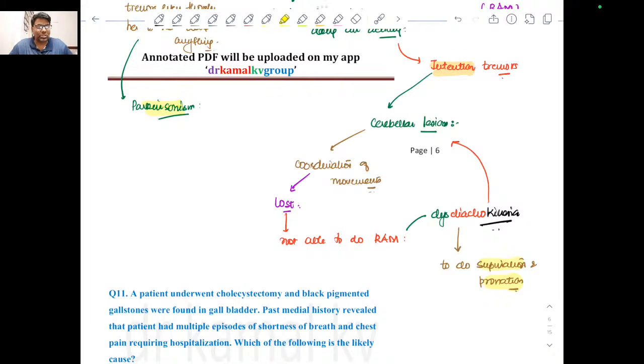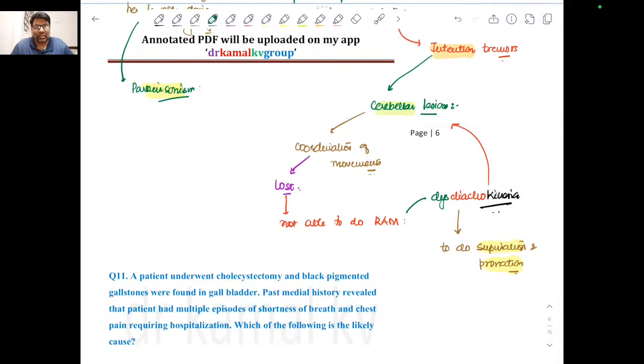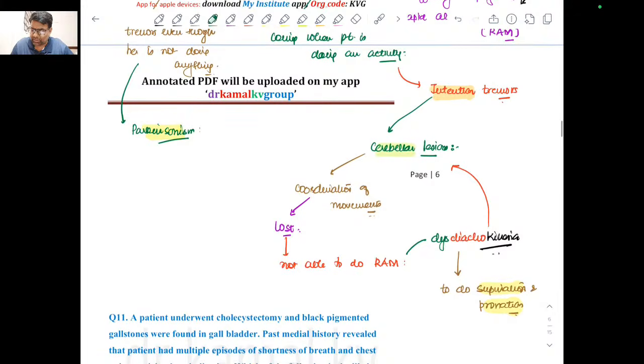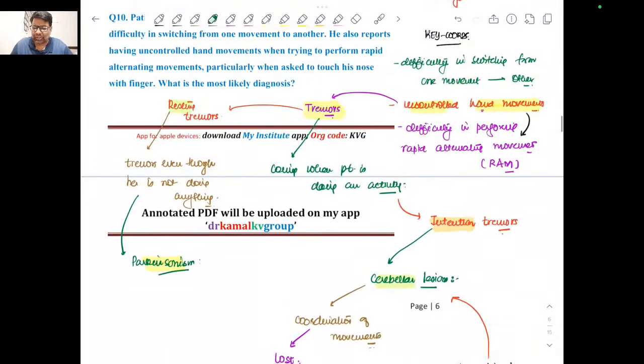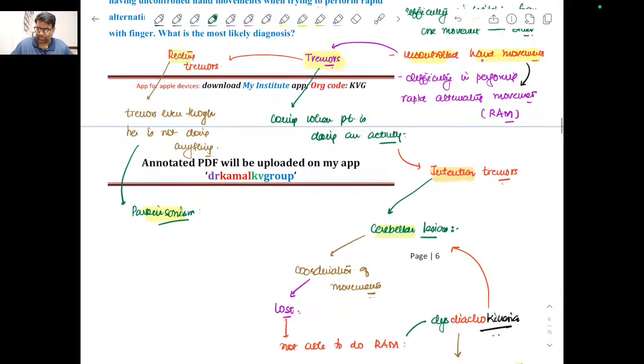And if the patient is not able to do quick supination, pronation, we can think that there is some problem with cerebellum. So this is cerebellar lesion. So 2 points which you can understand in this question: intention tremors, dysdiadochokinesia. So for the time being, please remember this much, and this is how you will solve this particular question.